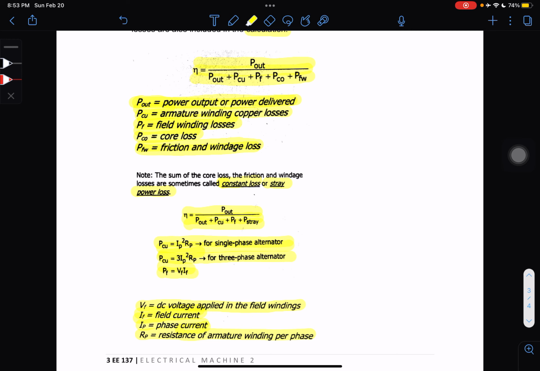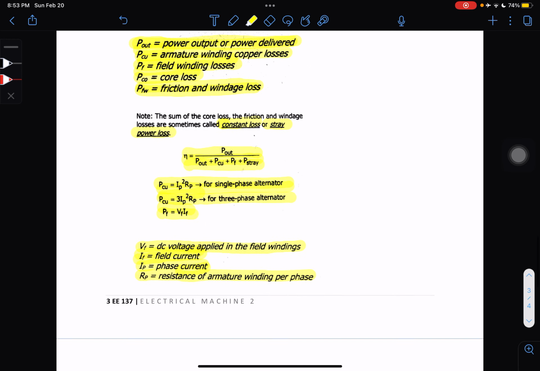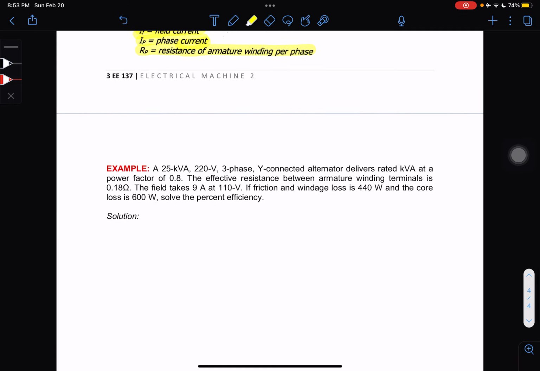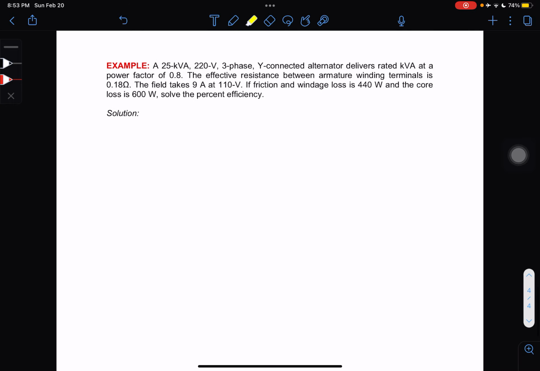So let's have an example for this topic. Last example. We have here a 25 kilovolt ampere, 220 volt, 3-phase Y-connected alternator that delivers rated kVA at a power factor of 0.8. The effective resistance between armature winding terminals is 0.18 ohms.